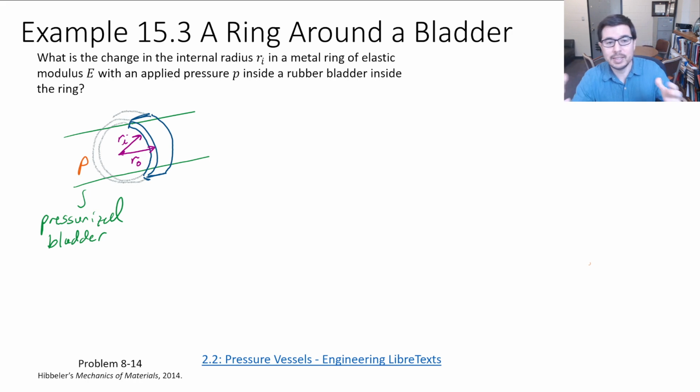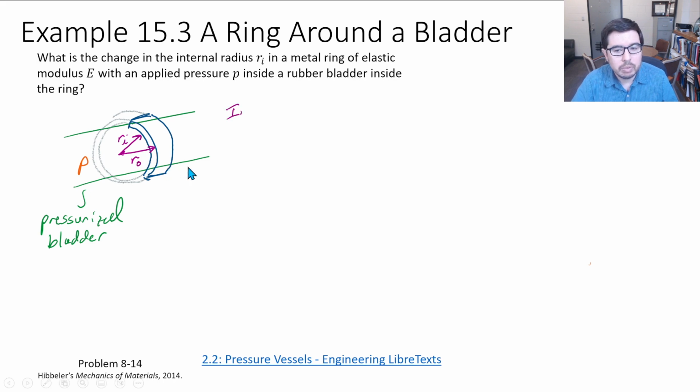Is this completely realistic? Maybe, maybe not. Because the bladder, depending on its strength and how much pressure you put in it, could burst. But we're saying, don't worry about those things. It's just a nice, flexible, rubbery bladder that goes along and perfectly conforms to the ring.